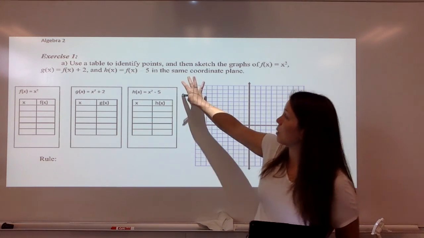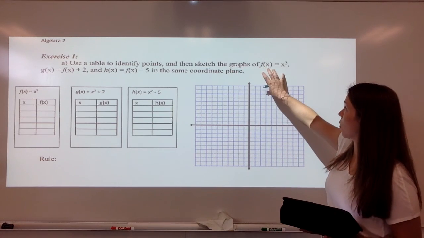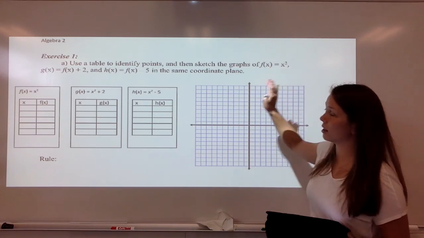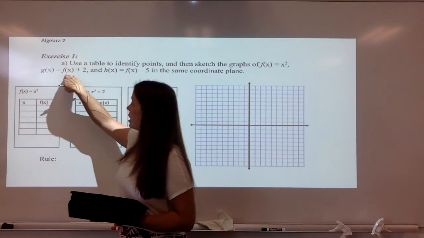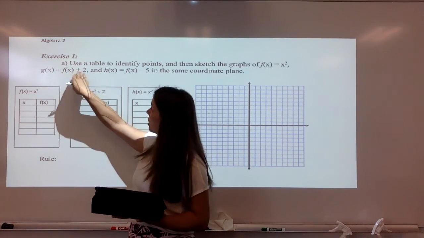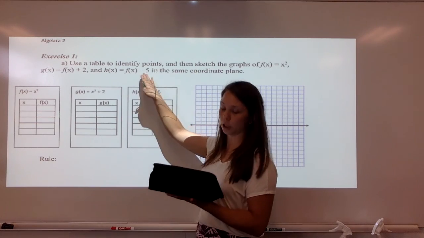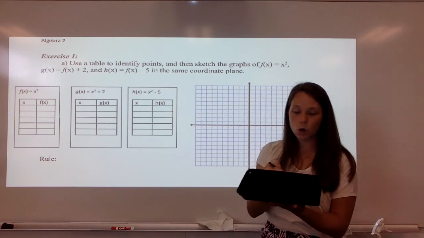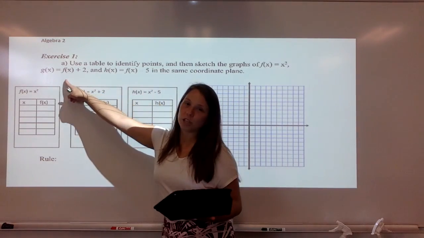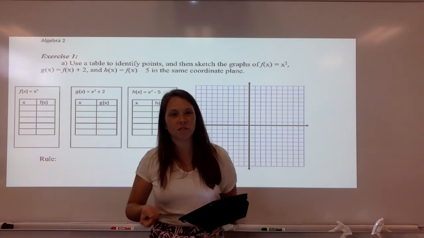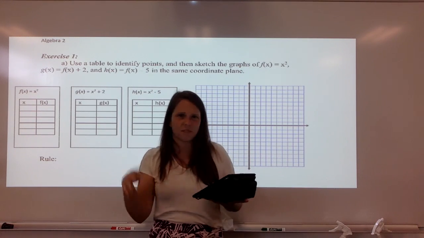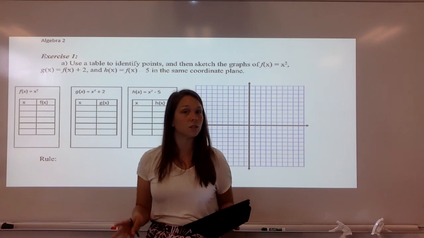So it says use a table to identify points and then sketch the graphs of f of x equals x squared, g of x equals f of x, the original function, plus 2, and then h of x equals f of x, the original function, minus 5. This math notation can be kind of confusing because it has a lot of f of x's, g of x's, and a lot of things going on.